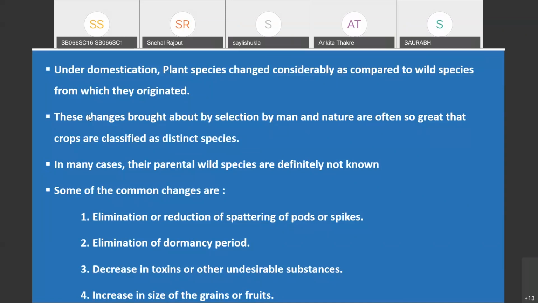Though the efforts for the improvement of agricultural crops were very primitive and unscientific, the prehistoric man was not a bad breeder at all.